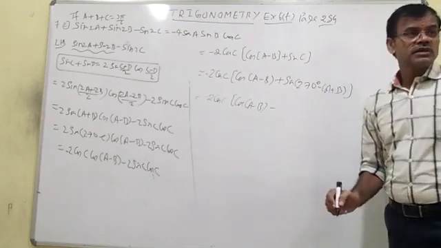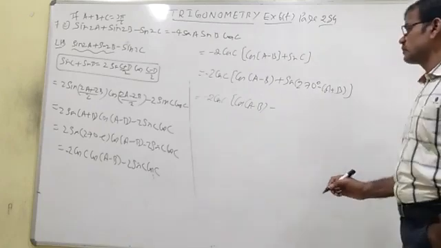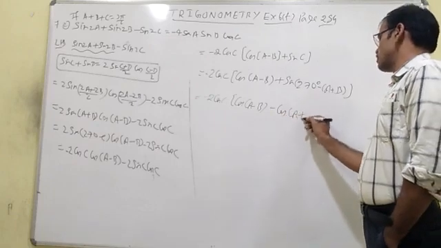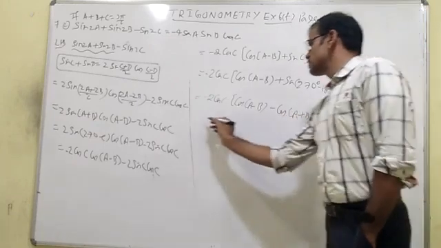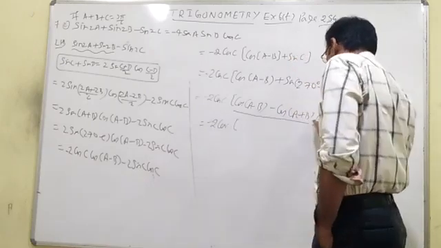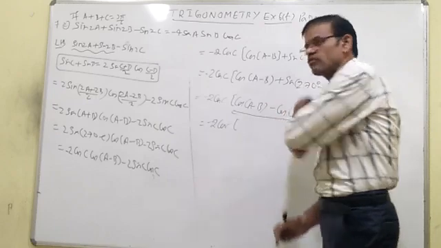What is the value of sin 270 minus theta? Minus cos theta. Minus cos of a plus b. That is equal to minus 2 cos c into... even international students should get the formula.